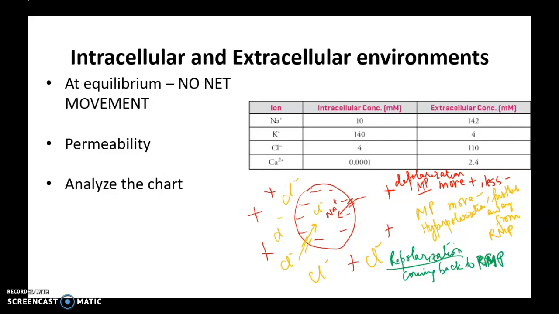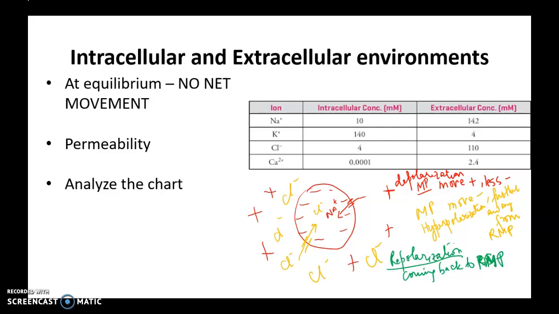If we have more chloride ions entering the cell, the inside becomes even more negative and it moves further away from resting membrane potential, a state called hyperpolarization. And when the cell comes back to its resting membrane potential, the process is called repolarization.